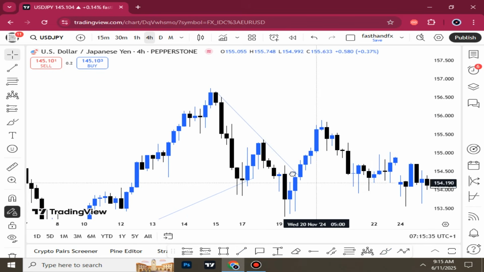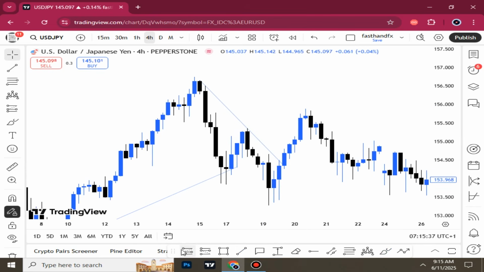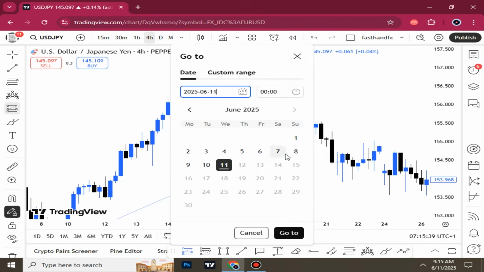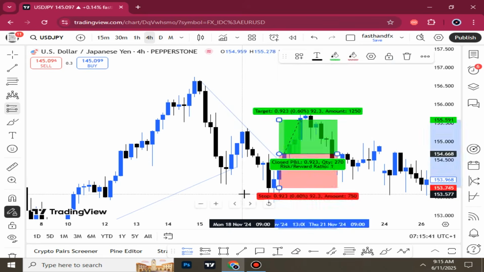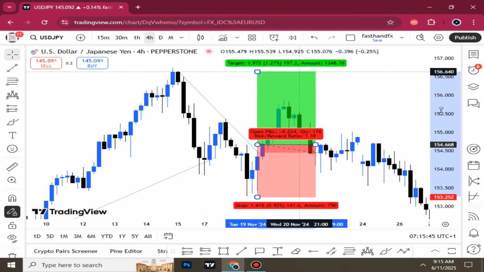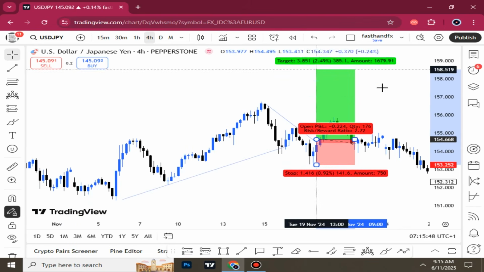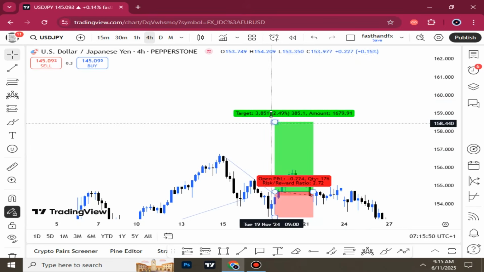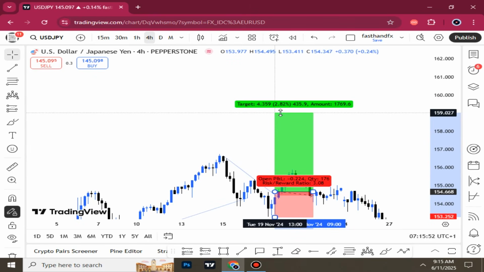And then look for my entry. For instance, I had my entry right there and my stop right there, and of course target at least 1:3, something like this, roughly maybe something like that. That's like 1:3, for instance.